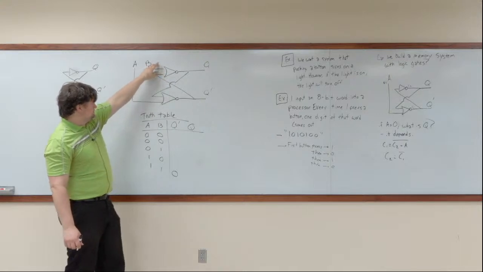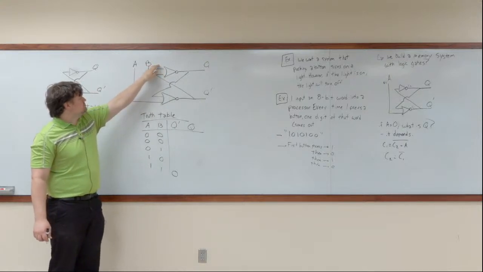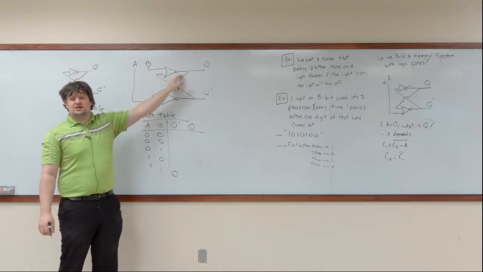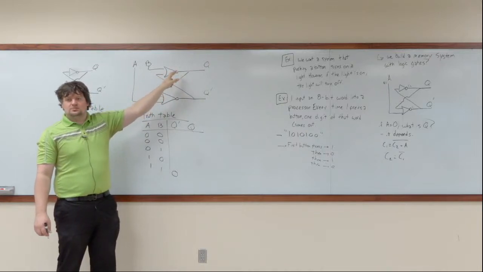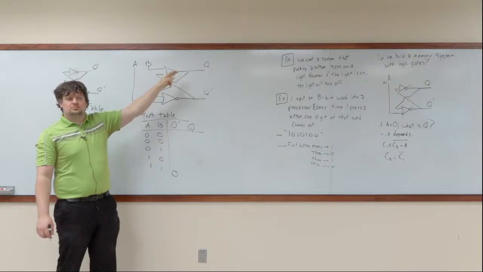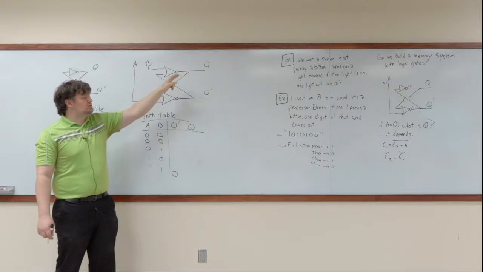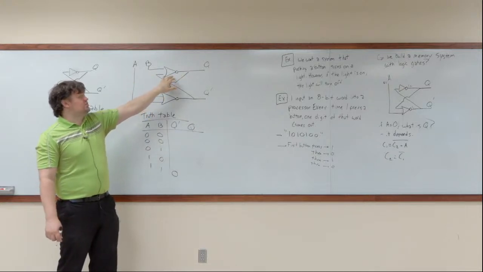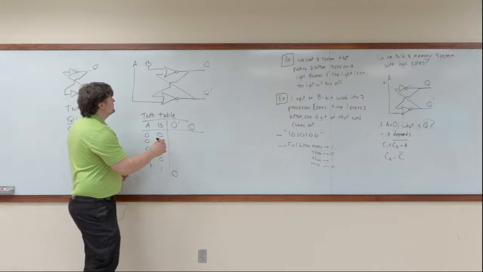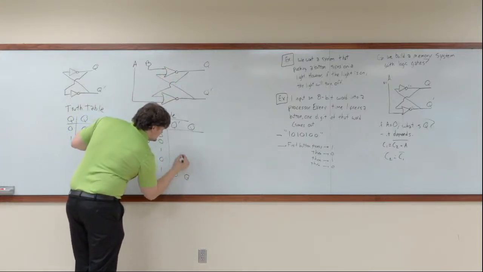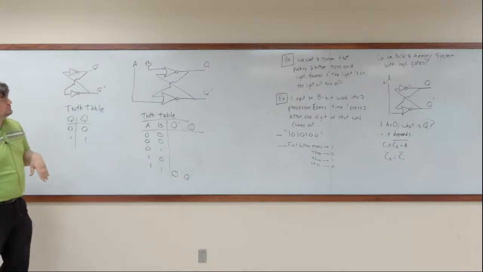And what is B? It's 1. So if you have 1 and a 0 going into this logic gate, what's the output? Oh, that's a no. That's a NOR gate. So it's also 0. Okay?